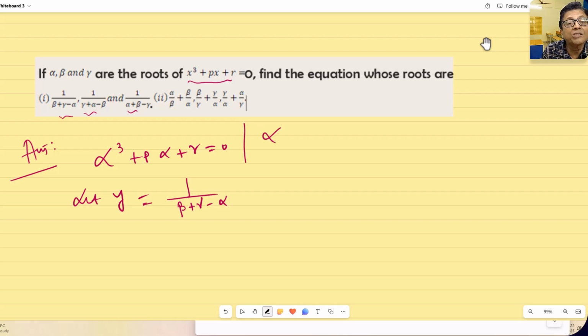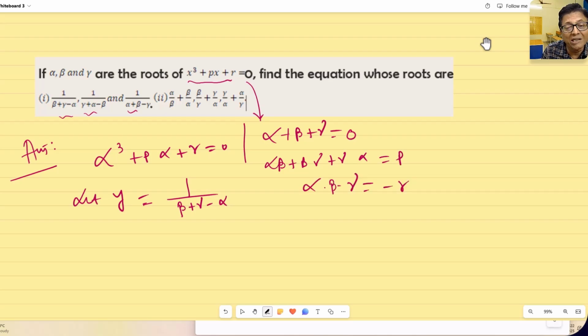Now for this given equation, alpha plus beta plus gamma is 0. Alpha beta plus beta gamma plus gamma alpha equal to p, and alpha beta gamma equal to minus r, you know. Therefore, y is going to be what? 1 by (alpha plus beta plus gamma minus 2 alpha), agree? And here alpha plus beta plus gamma is 0.